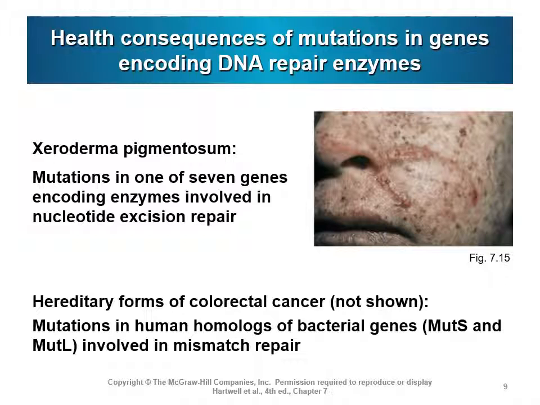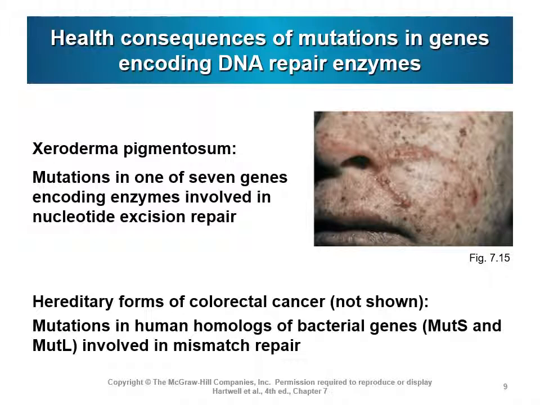They are also encoded by genes, which are also potentially able to get mutations themselves. So what happens if the repair protein, the repair enzyme, has a mutation itself? It will not function properly and will not repair the mutations.